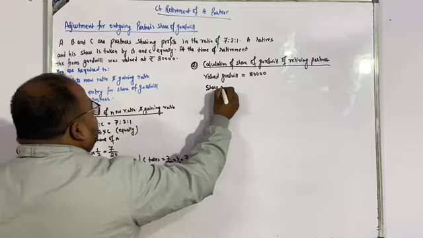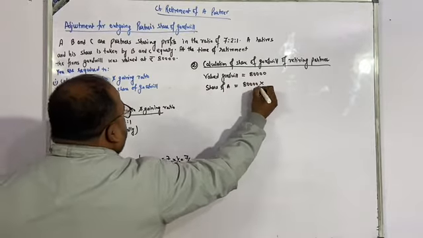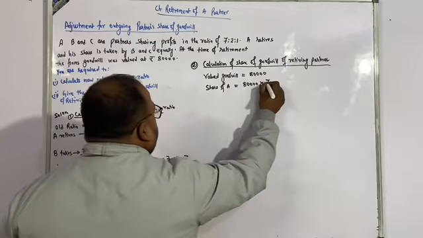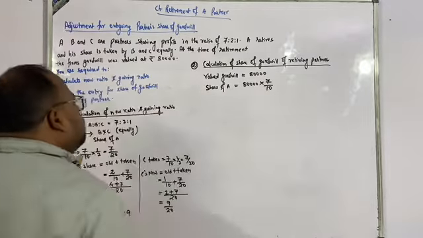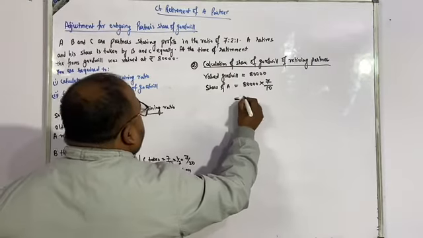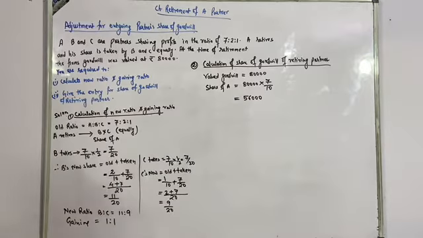Share of A, that is 80,000 into 7 by 10. So it will be 56,000 share of goodwill for A.